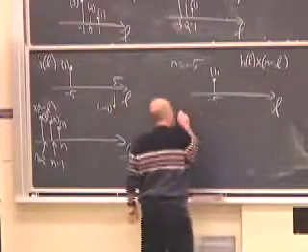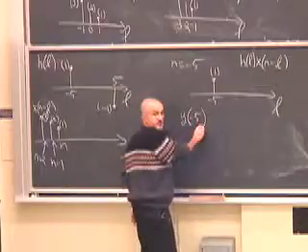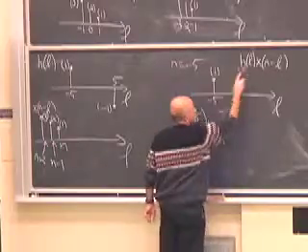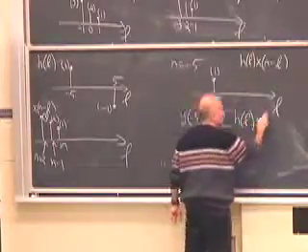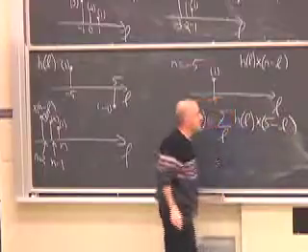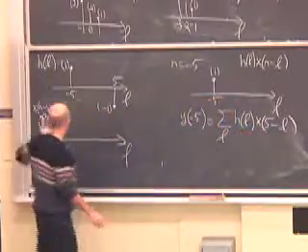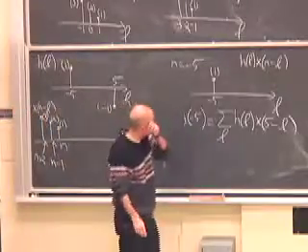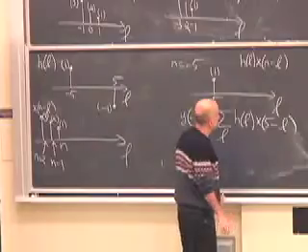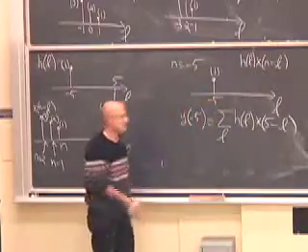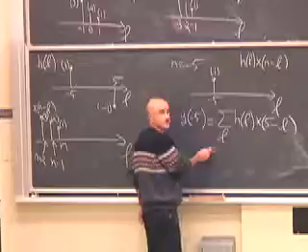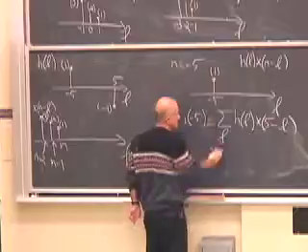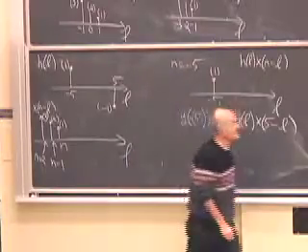So y at minus 5 is the sum over all L of h of L times x of minus 5 minus L. Everything is 0 except that one. So y at minus 5 is 1. Is that what we had before?